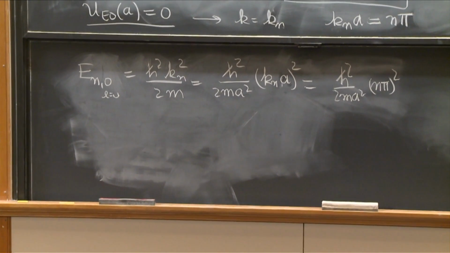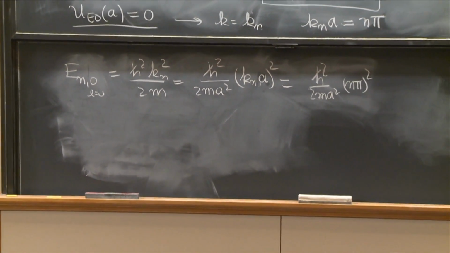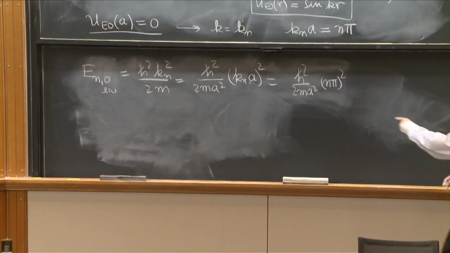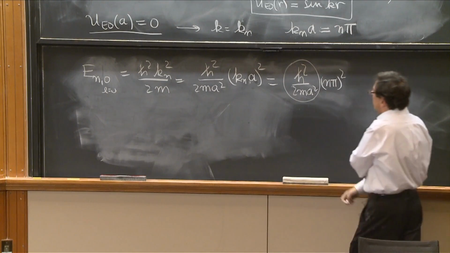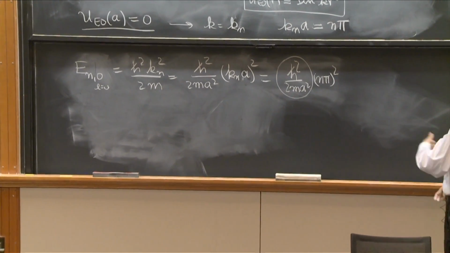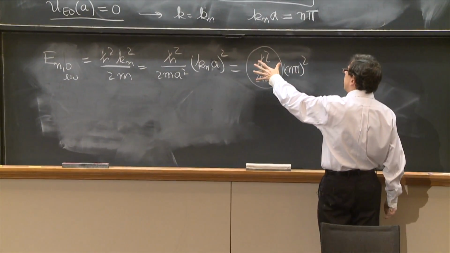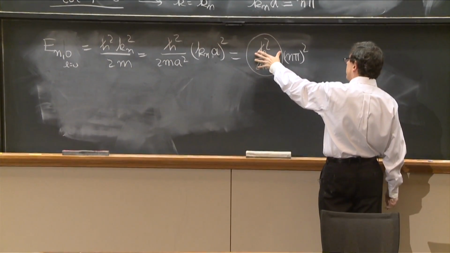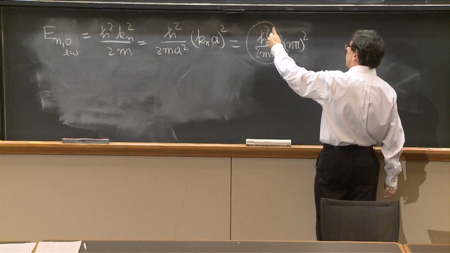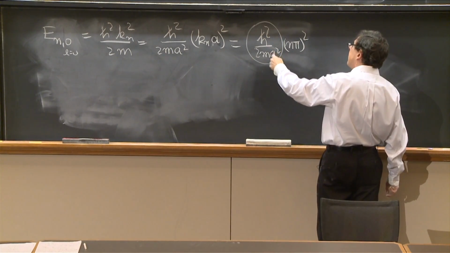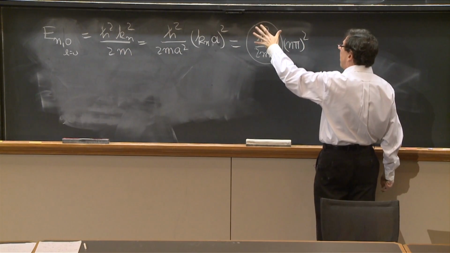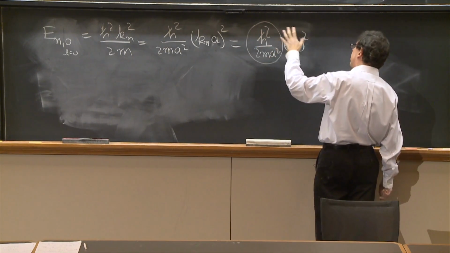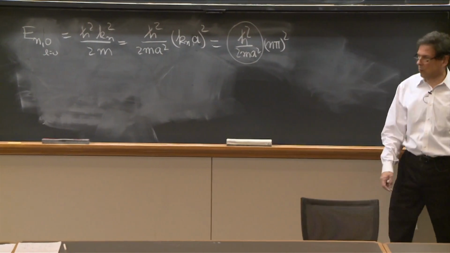Now, if you want to remember something about this, of course, all these constants are kind of irrelevant, but the good thing is that this carries the full units of energy, and you know in a system with a length scale a, this is the typical energy. So the energies are essentially that typical energy times n squared pi squared.